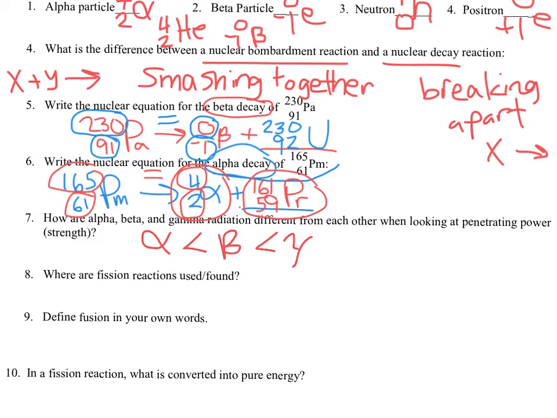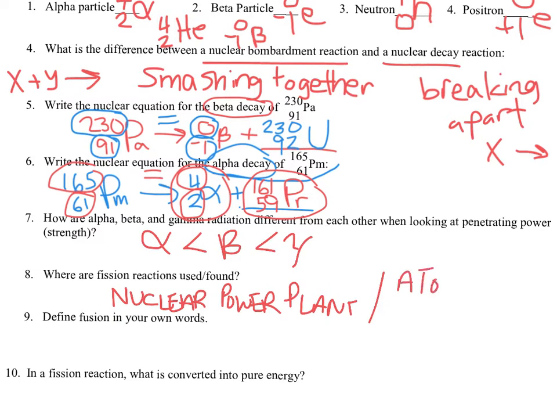For number 8, where are fission reactions used and found? All right, well, fission reactions can be used in what? Something that gives us electricity, our nuclear power plant, correct? And then also, where can fission, which is the splitting of the atom, be used? It can be used, unfortunately, in atomic bombs.